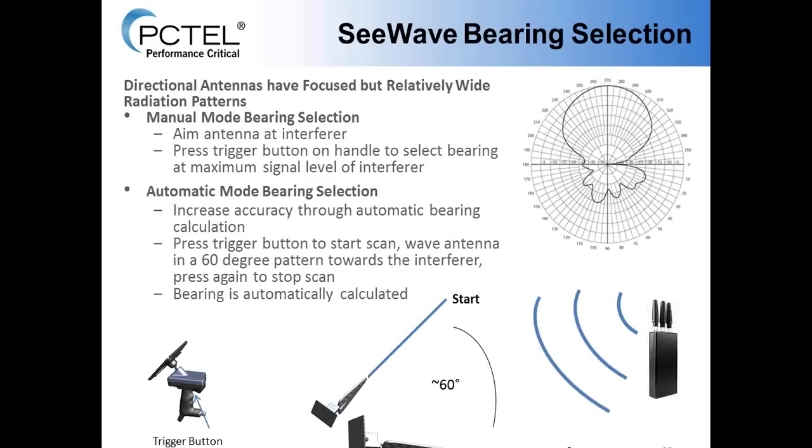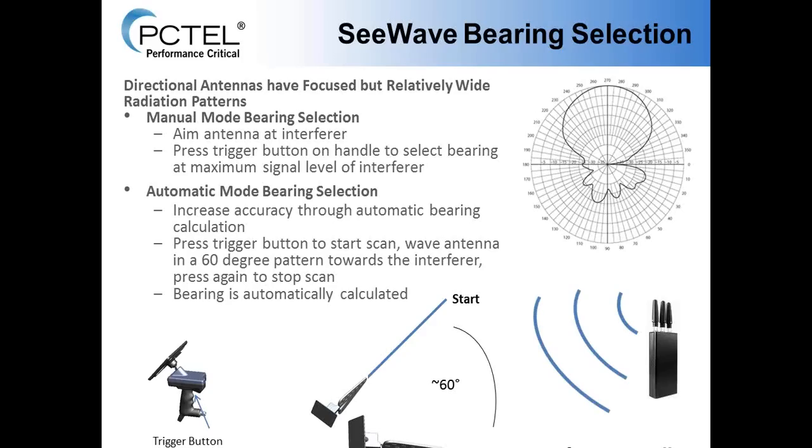That way you're doing a 120 degree or 180 degree semicircle and trying to locate in what direction is the strongest power level for the interfering source. After the set amount of time, the application automatically determines in which direction the power was the strongest and it takes a bearing. So this removes possible human errors and helps you be more sure that your bearing is in that direction.